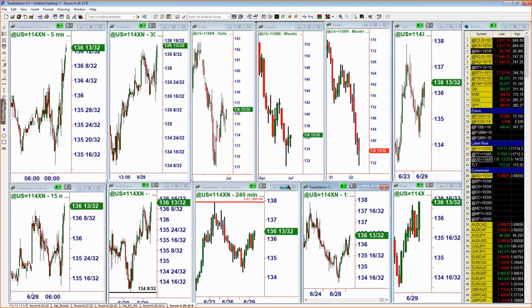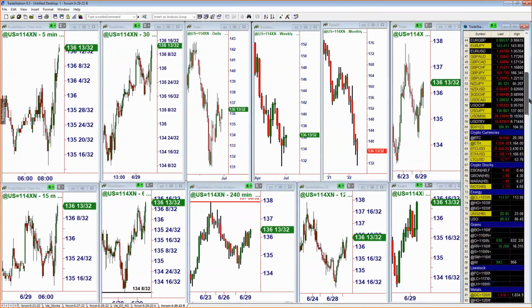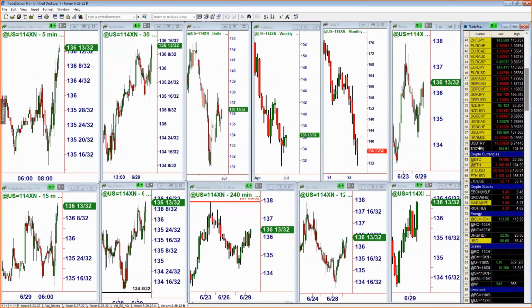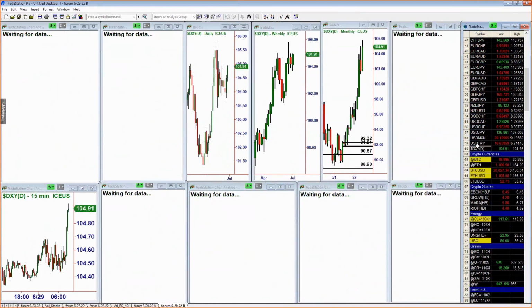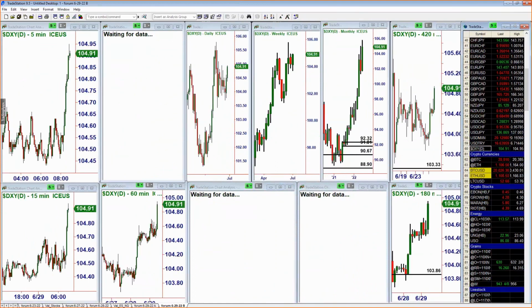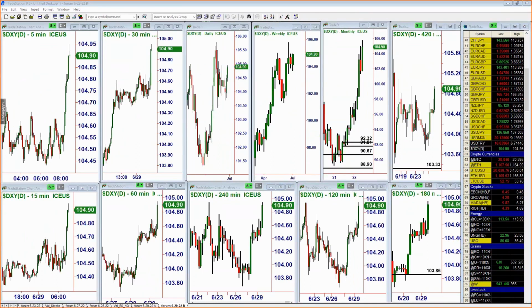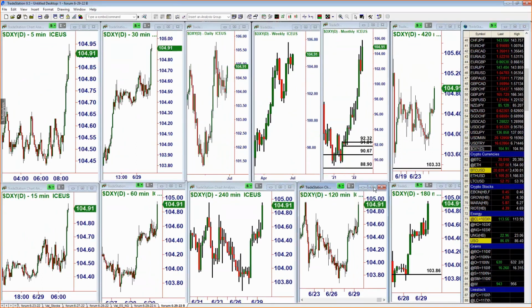I was thinking we might be closer to this, but we're not. Let's go to the dollar, another inverse market to stocks, and let's see how far we are from our supply. Okay. So we're going to look at this chart right here. Oh, look at that.